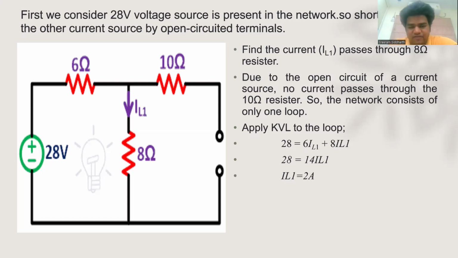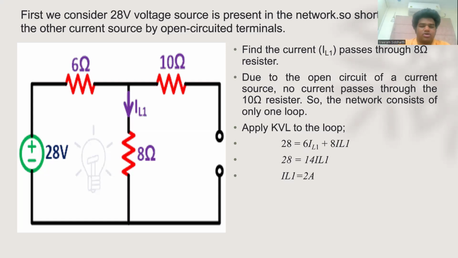With the help of KVL, we'll be doing this. Due to the open circuit, we'll not have any current passing through the 10 ohm resistor side. We'll only have current through the 28 volts side, through the 6 ohms and 8 ohms. So by applying KVL loop to the loop, we'll be getting IL1 as 2 amperes.